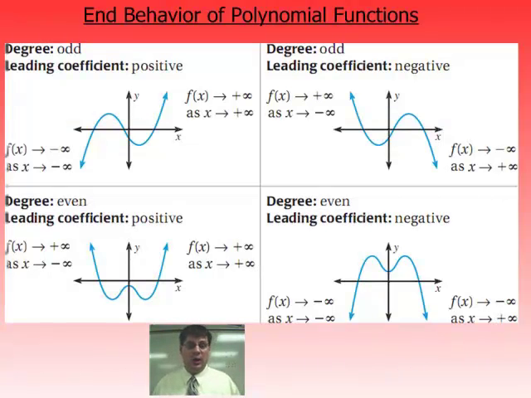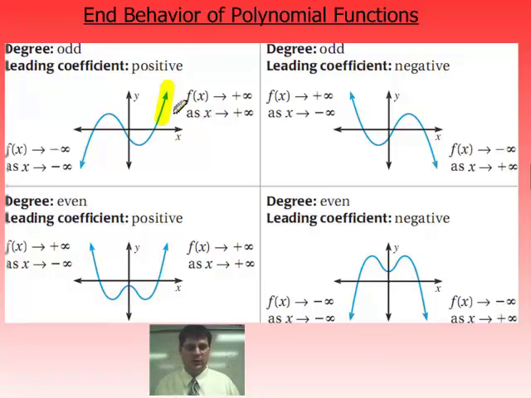Okay, now polynomials have end behavior. Actually, all functions have end behavior. For these polynomial functions, we can determine the end behavior based off the equation. End behavior is what happens as the polynomial, after the curvy stuff in the middle, approaches infinity.